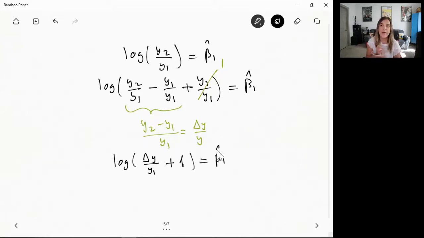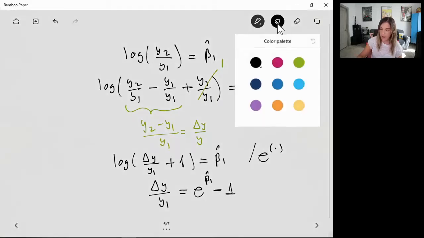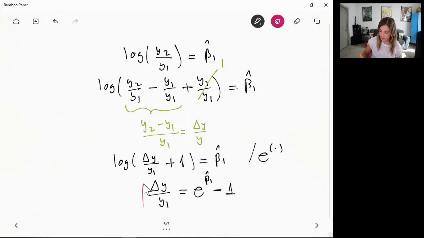Now all we have left is to get rid of that logarithm, and for that I just exponentiate both sides. So I raise e to the power of both sides. And we have that delta y over y1 is equal to e to the power of beta 1 minus 1. And that is exactly what we saw in class.